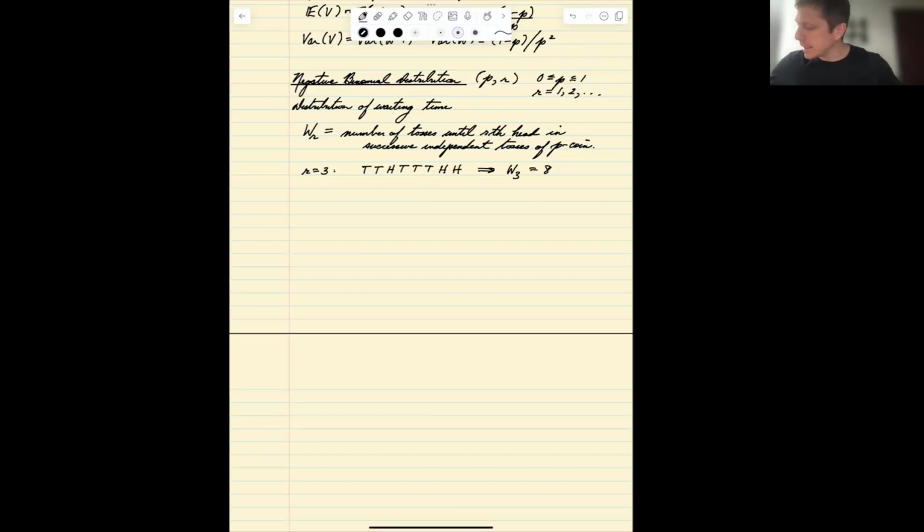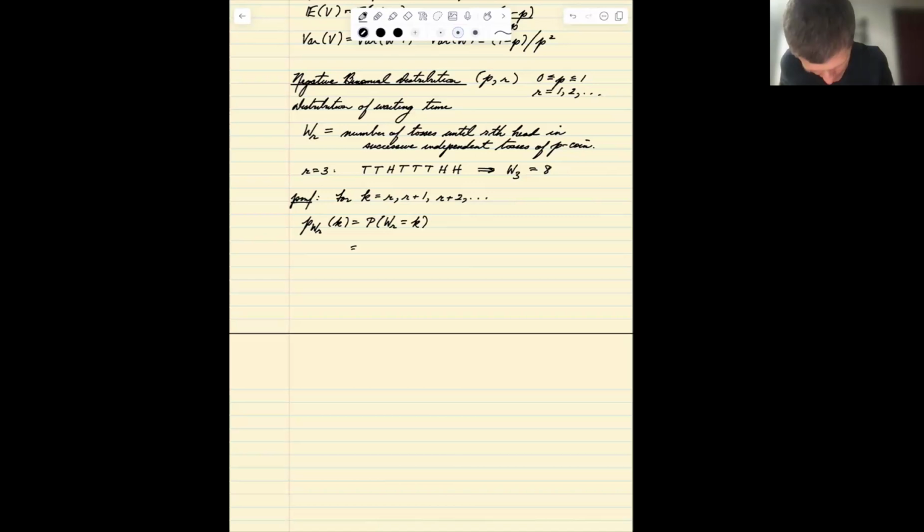So how do we calculate the probability mass function? Well, the minimum value that this random variable can assume is R. We have to see R heads, so we have to toss the coin at least R times. In general, consider the probability that the waiting time until the rth head is K. How do we get the rth head to occur exactly on the kth toss?